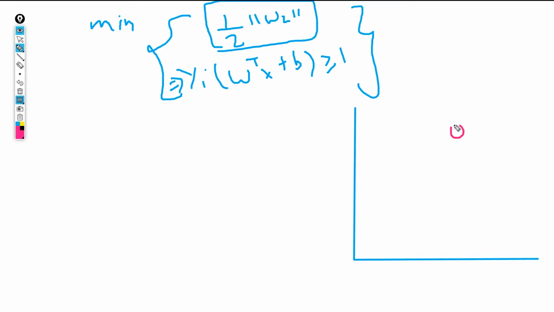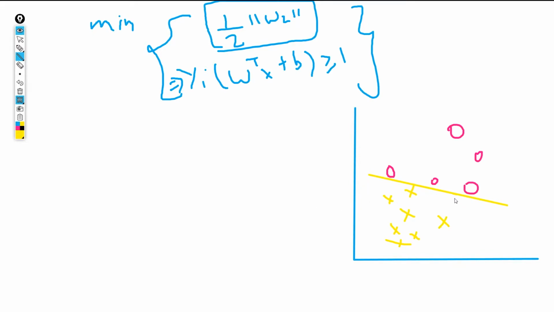So we have these points, let's say. If we were talking about SVM, the best way to define this would be that you cannot create a straight line, or if you can create a straight line, it would be something like this.